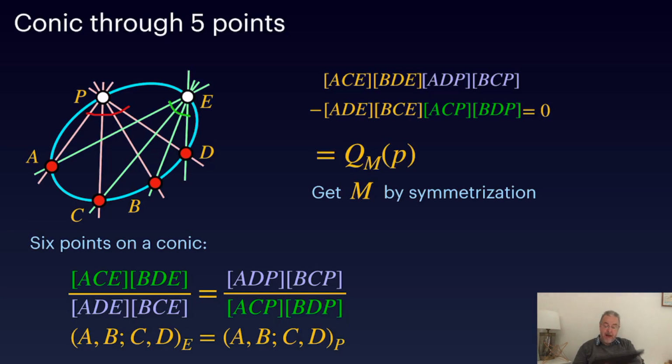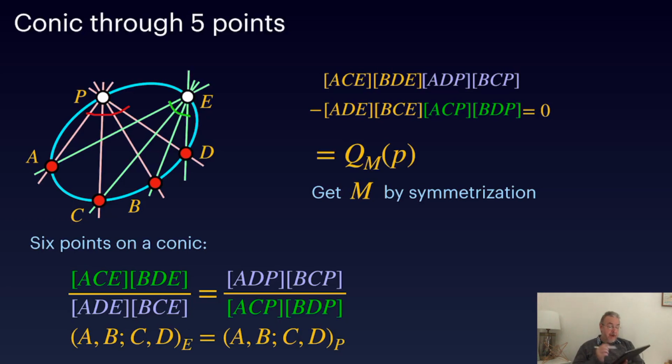So this is a very nice characterization of 6 points being on a conic, and it gives us a nice relation of conics, points on a conic, and cross ratios that is, I would say, very insightful.